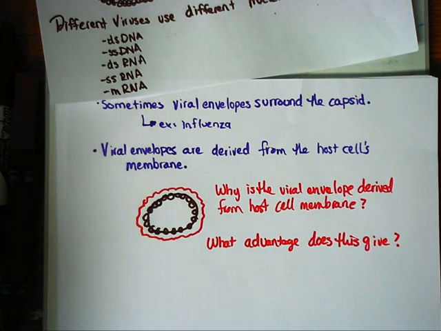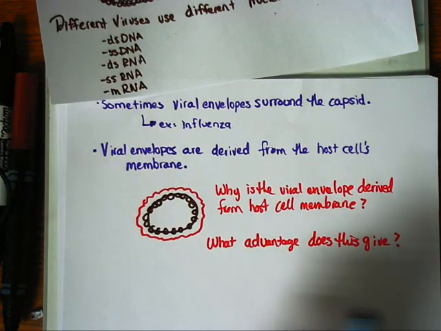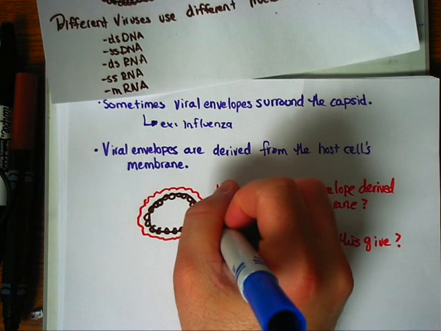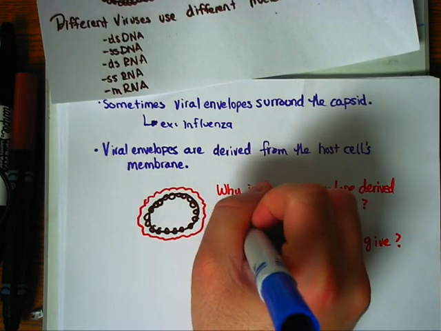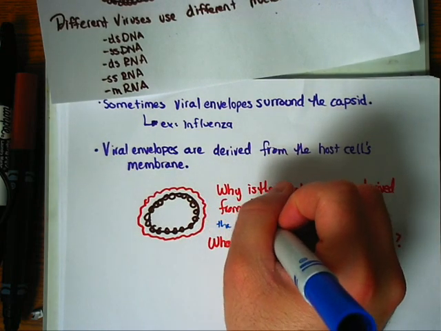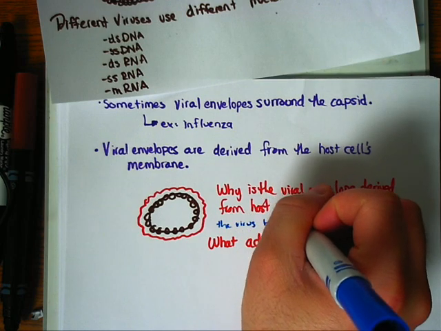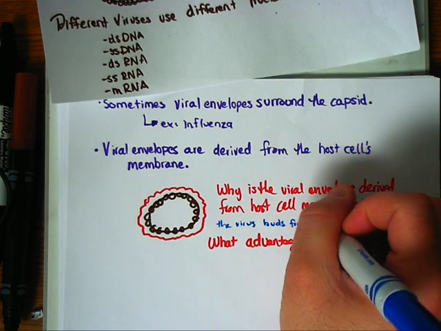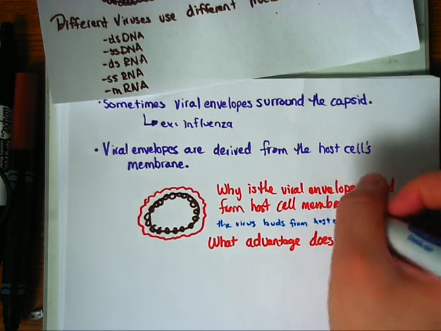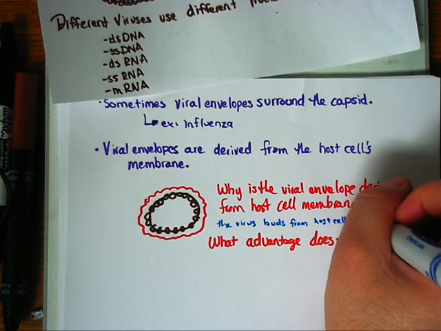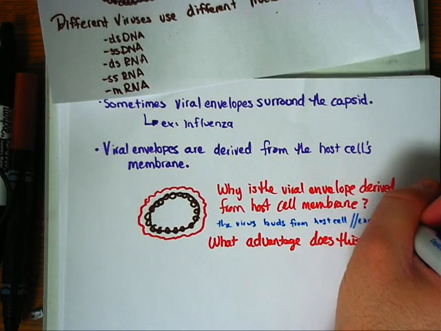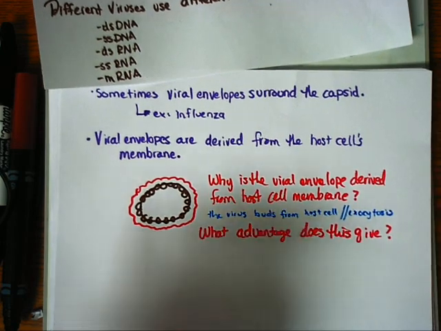So to answer those two questions, why is the viral envelope derived from the host cell membrane? Well, because the virus buds from the host cell. You can think of it a little bit as basically a form of exocytosis. Now, what advantage does this give?